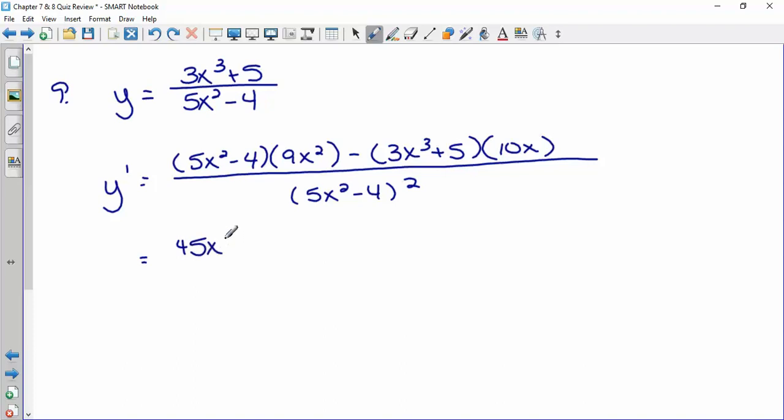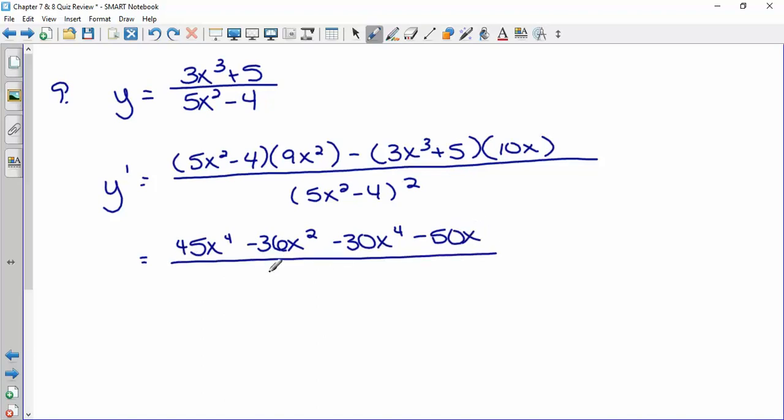So if we distribute, we get 45x to the fourth minus the 36x squared. I'm going to distribute the negative and the 10x. Negative 30x to the fourth minus 50x.